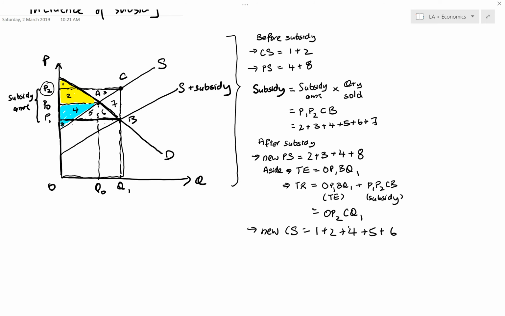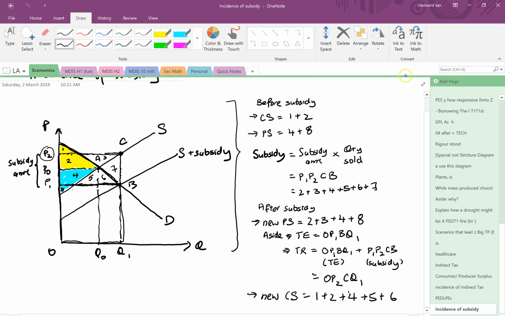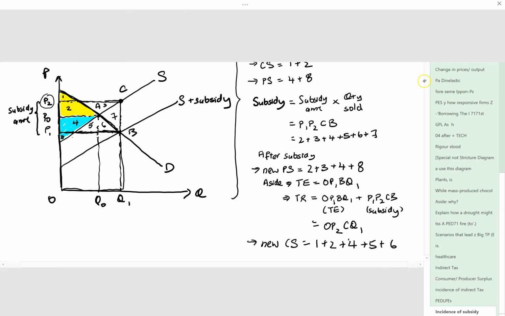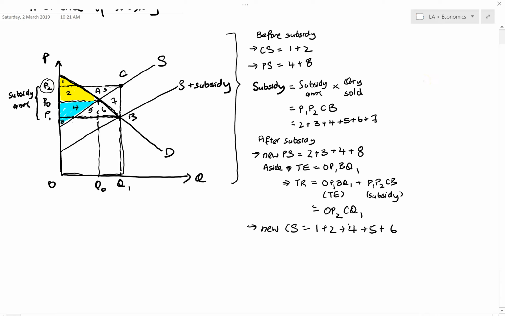Okay, so if you look at it, who enjoys the subsidy? Do you realize 4, 5, and 6, that's the subsidy, is enjoyed by the consumer.